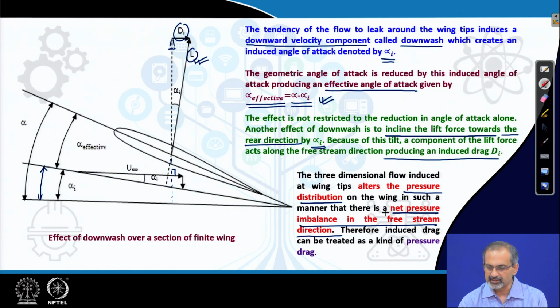And if that happens, you know from your previous experience that increasing net pressure imbalance in the free stream direction causes increasing drag. Therefore, induced drag can be treated as a kind of pressure drag.